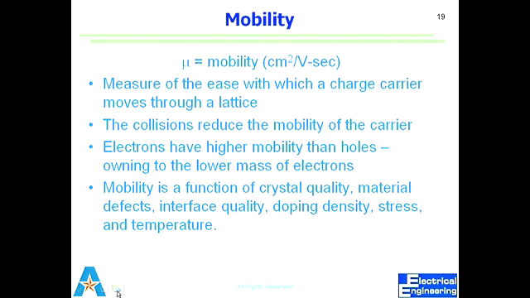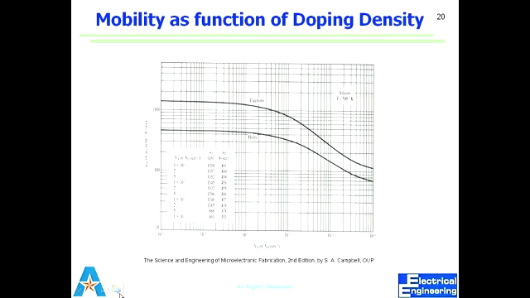Mobility goes down. As you cross certain limits, the collisions reduce the mobility of the carriers. This is what I was showing you. It's a function of quality of crystal, defects, interface, doping density, stress, and temperature. In both cases, you cross certain numbers, it starts going down.